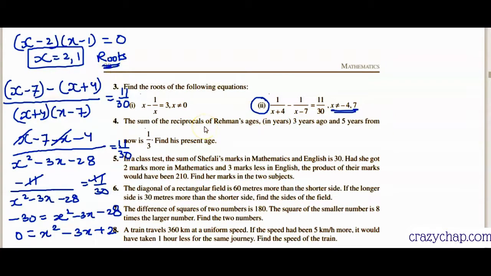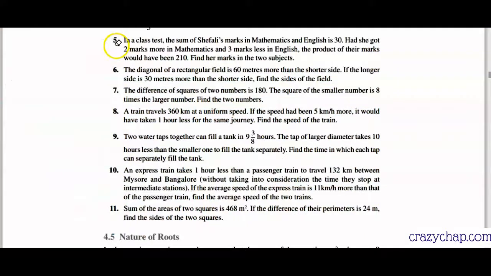Let's have a look at question number 5. Question number 5 says, in a class test, the sum of Shefali's marks in maths and English is 30. Had she got 2 marks more in maths and 3 marks less in English, the product of their marks would have been 210.